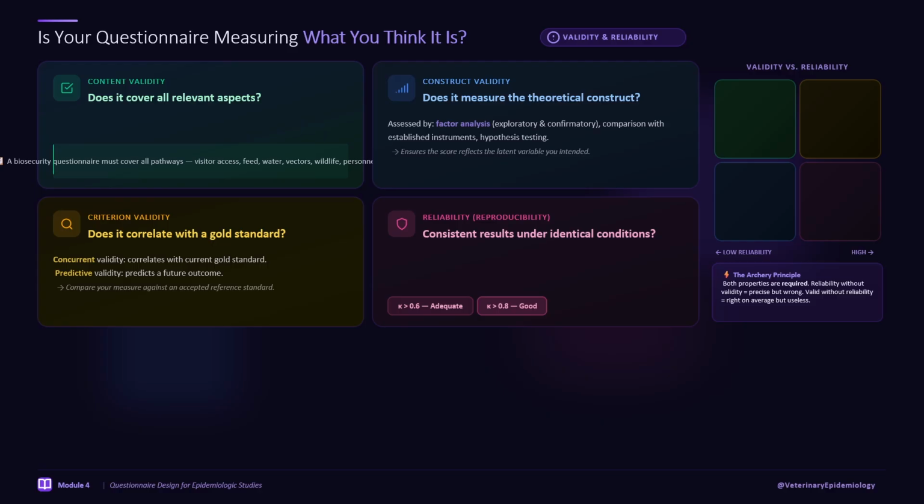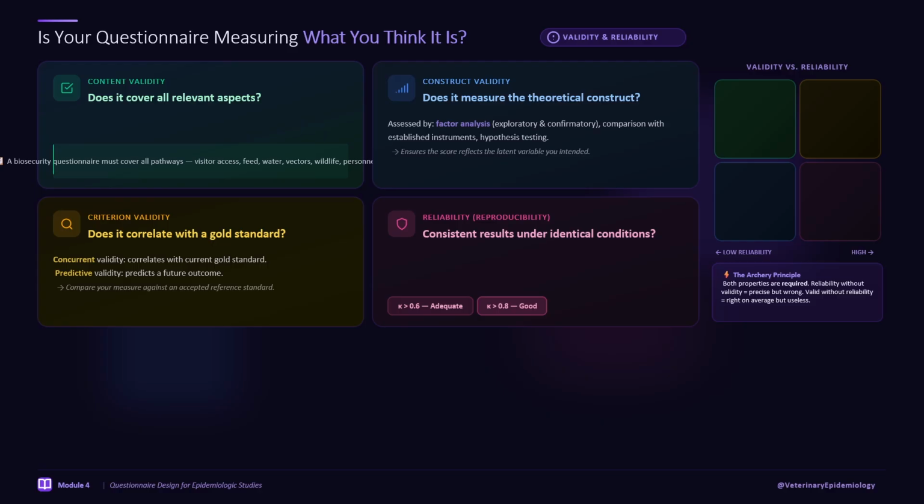Reliability is consistency under identical conditions. Retest reliability checks whether you get the same result on re-administration. Inter-rater reliability checks whether 2 raters score the same animal or farm the same way. For continuous outcomes, we use the intra-class correlation coefficient, ICC.